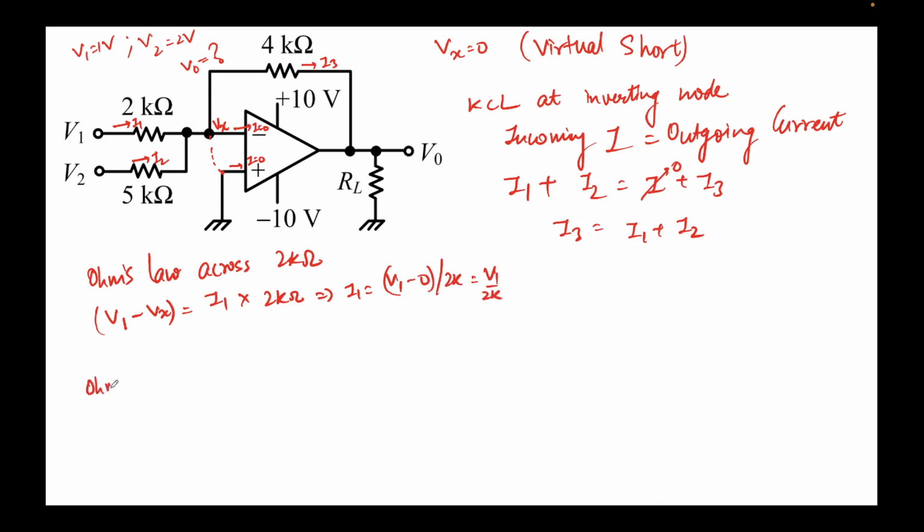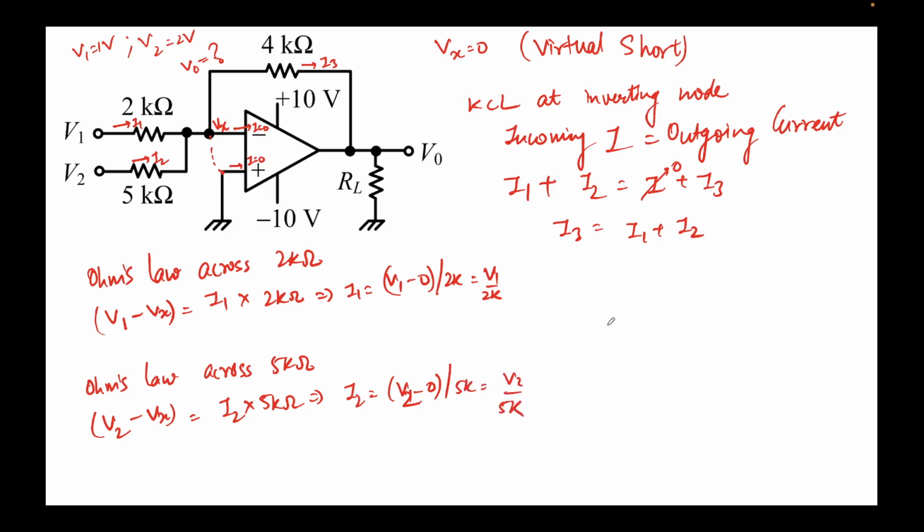Now let's use Ohm's law across the 5 kilo ohm resistor. So we can write the voltage drop across the resistor is V2 minus Vx, V2 voltage here, Vx here, equal to the current passing, I2, times the value of the resistor, 5 kilo ohms. This gives me I2 equal to V2 minus 0 divided by 5k, since Vx is 0 due to the virtual short. So this will be V2 by 5k. Now let's put the values of I1 and I2 in this expression.